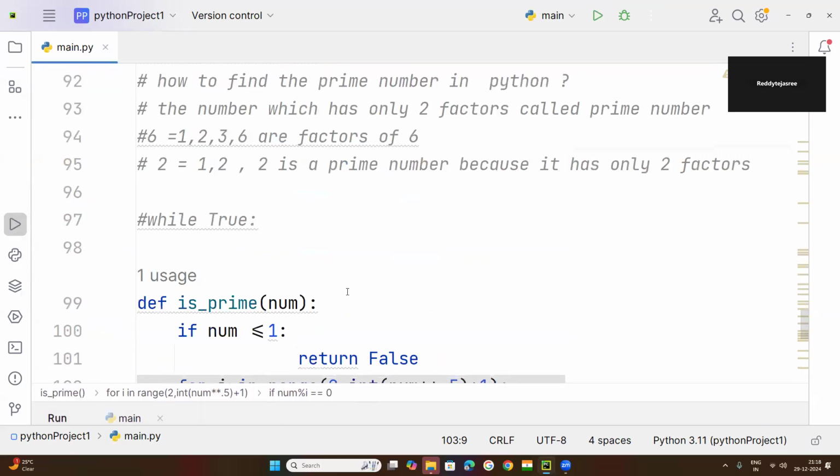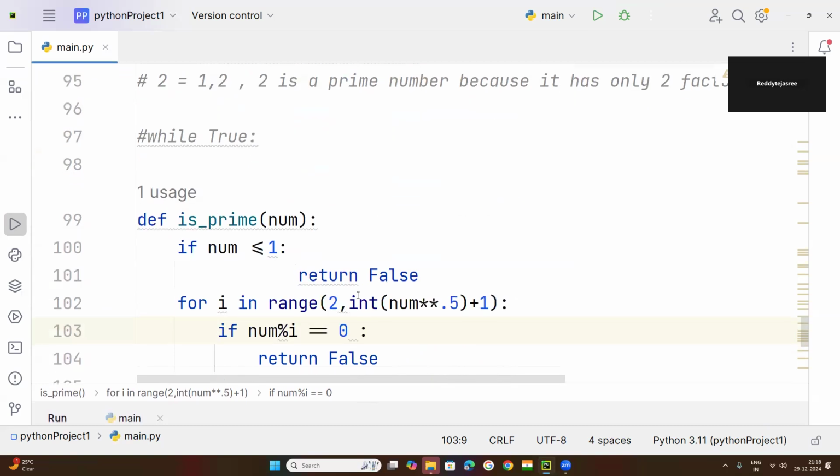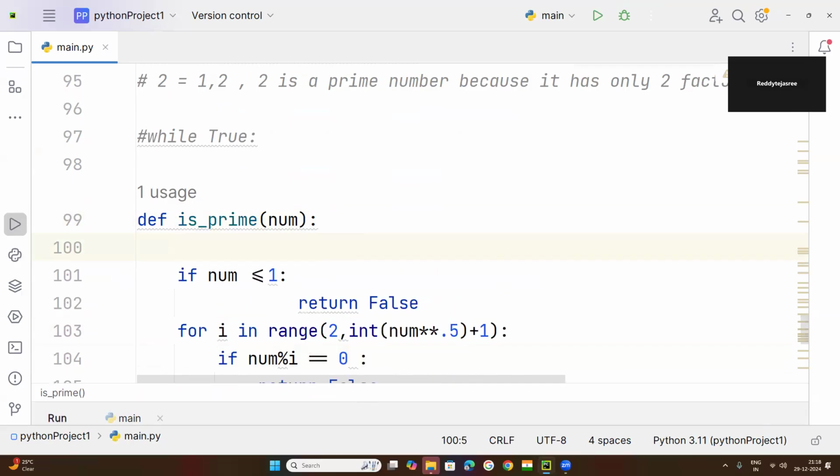At that moment, if I want to implement while, while true.